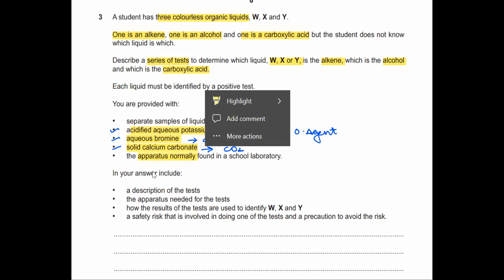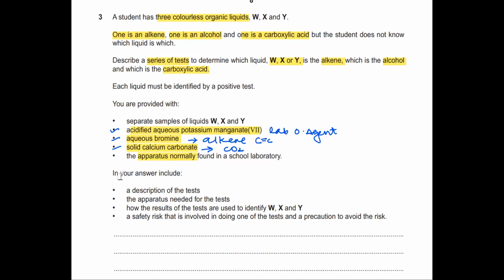Now, after this, what are we supposed to write in our answer? They're asking us very clearly that these four things should be included in your answer. Number one, there should be a positive test to identify W, X, and Y as an alkene, alcohol, or carboxylic acid.